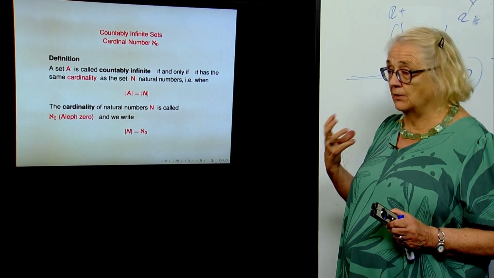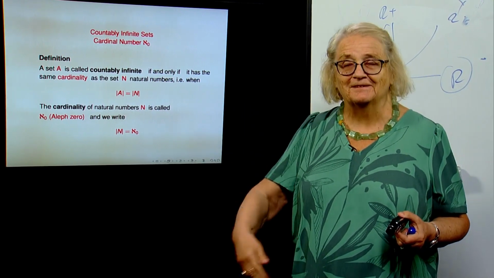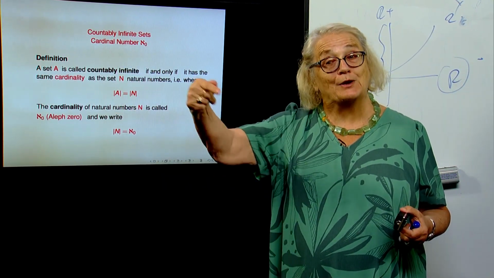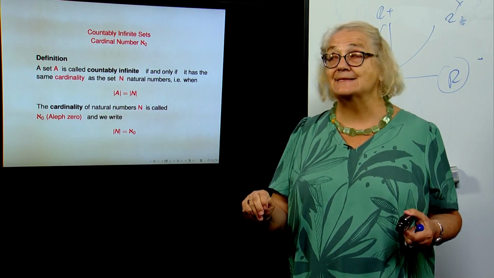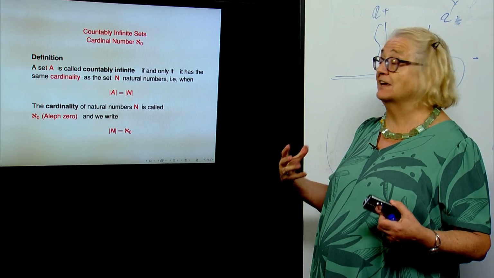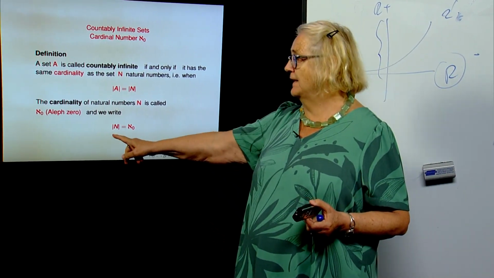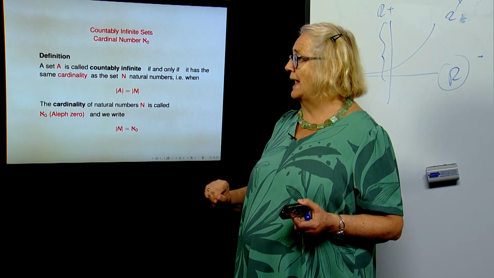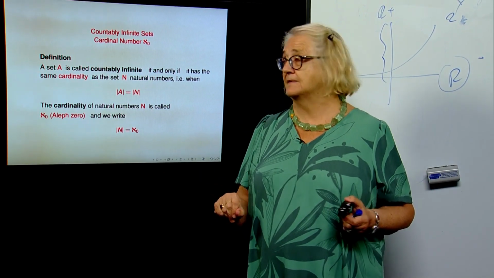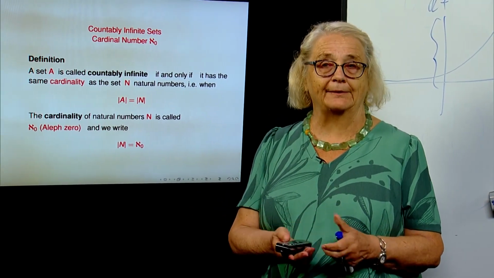Countably infinite is infinite because N is infinite, and countably because you can enumerate all the elements. So the cardinality of natural numbers has a special name. The cardinality of natural numbers is called aleph 0 or aleph null. Aleph is the first letter of the Hebrew alphabet.